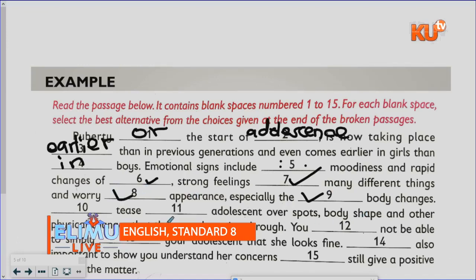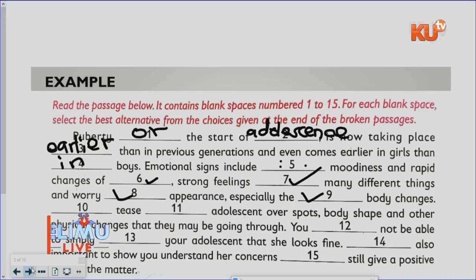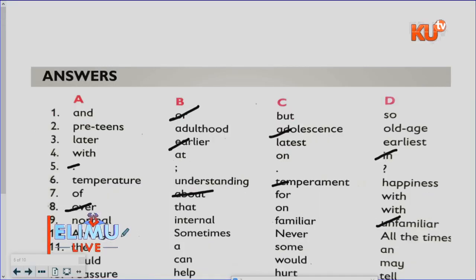Dash, tease, dash, adolescent over sports, body shape, and other physical changes that they may be going through. So question 10 there will say, always tease, dash, adolescent. Sometimes tease, dash, adolescent. Never tease, dash, adolescent. All the times tease an adolescent. So what will inform our choice?